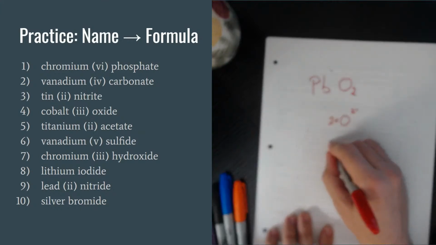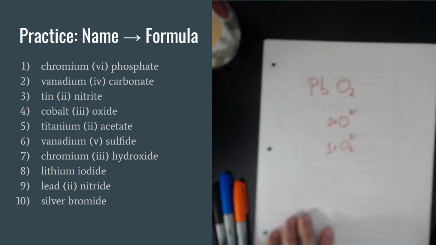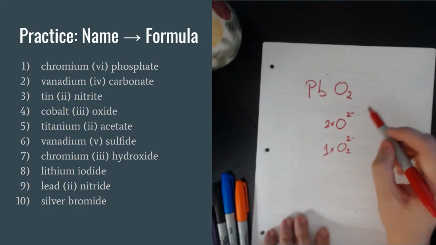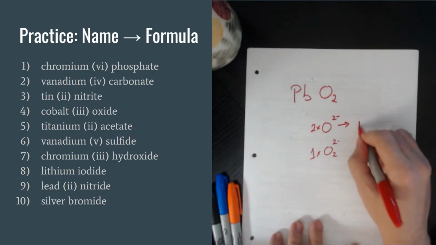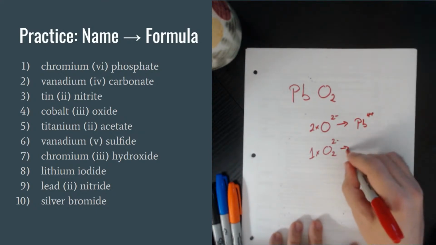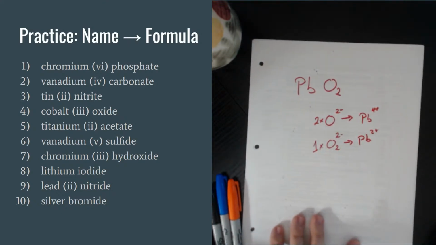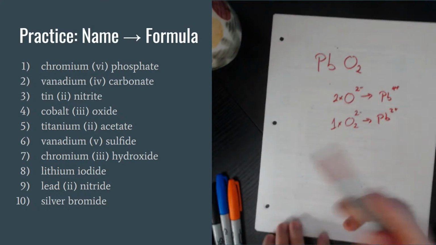If it's peroxide, then you have one peroxide ion. So in order to balance this, your single oxygen atom would have to have a 4 plus charge. In order to balance this, it would have to have a 2 plus charge. So just with this formula, you could have two very different ions.